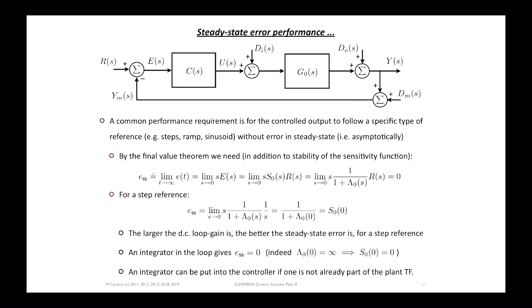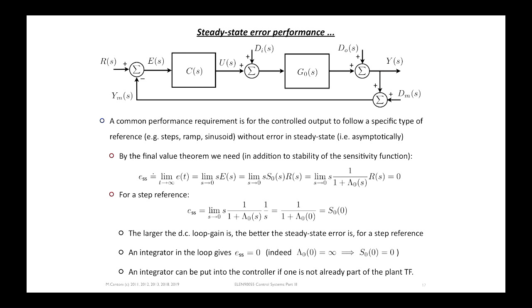In terms of tracking performance, we're interested in the error signal being small. In steady state, if it does reach a steady state, which will be the case if the closed loop is stable, we want it to be 0 ideally, because when this is 0 in steady state, it's saying that the steady state value of the output signal will be the same as the reference, which is often just a constant.